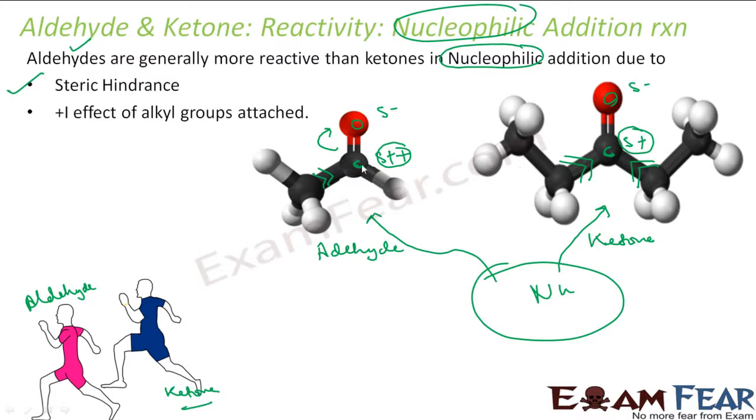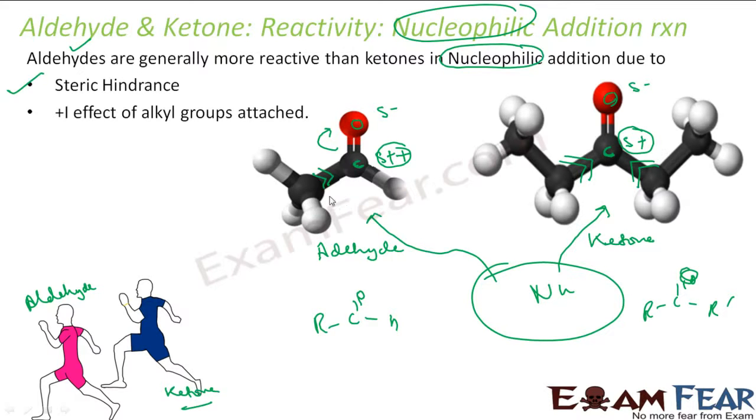One is that aldehyde, since it has one part as hydrogen, is RCOH here, and here it is RCOR dash. Both are bulky, right? So here you have H, here you have R dash. This has more space, this has less space. So due to steric hindrance, the nucleophile can easily approach aldehydes, but can't approach ketone.